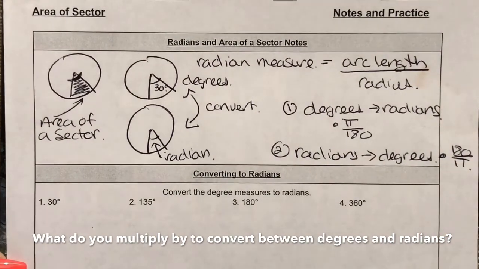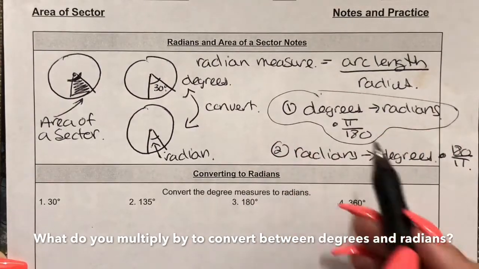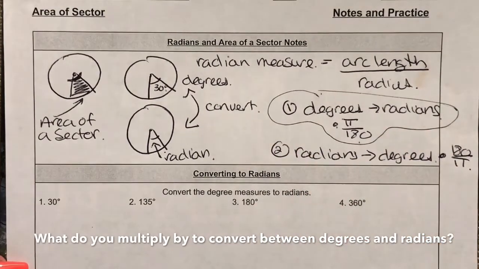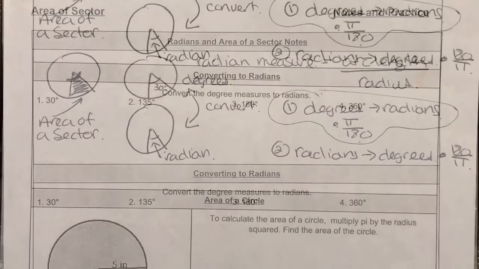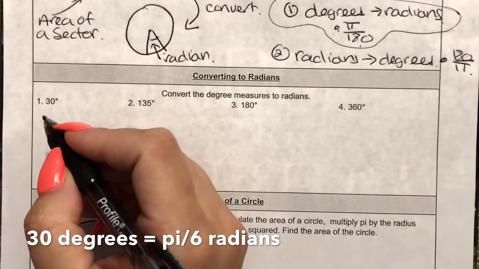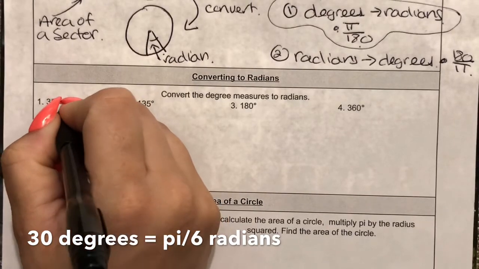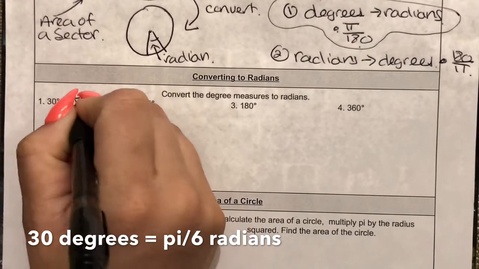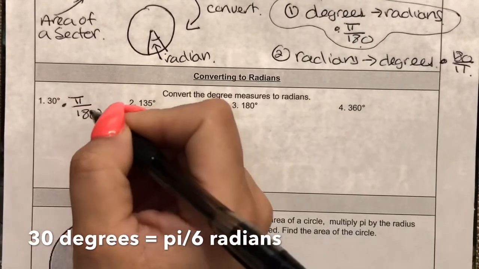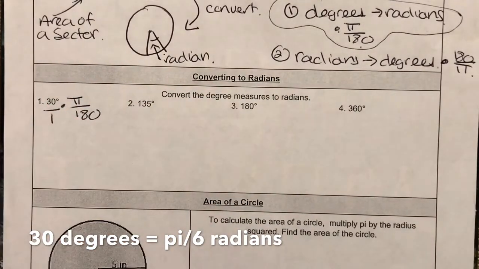What we're going to practice first is converting from degrees to radians, so we are going to multiply by pi over 180. First, we are going to convert 30 degrees to radians by multiplying by pi over 180. If it's easier, you can make the 30 degrees look like a fraction by putting it over 1.